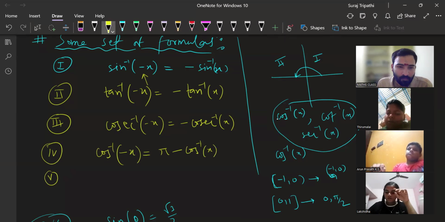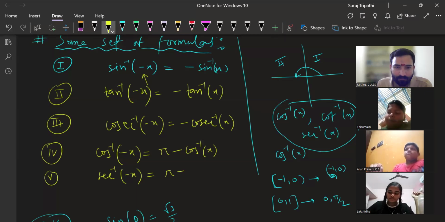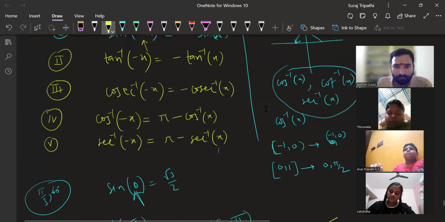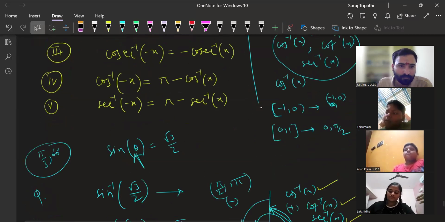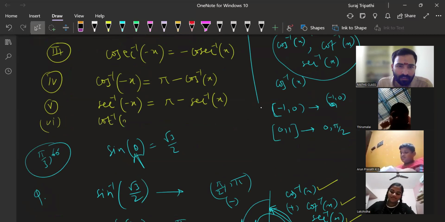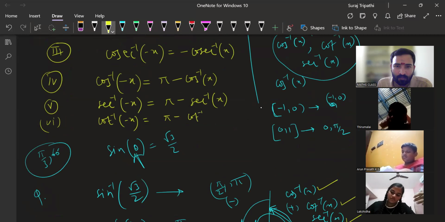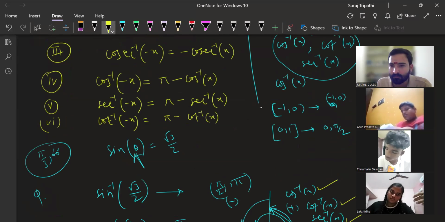Fifth, if it is sec inverse minus x, you can write pi minus sec inverse with positive x. Sixth, cot inverse minus x, you can write pi minus cot inverse with positive x.